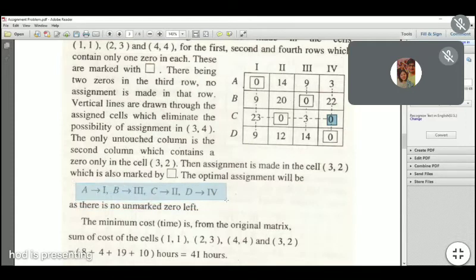Job A is assigned to machine 1, job B is assigned to machine 3, job C is assigned to machine 2, job D is assigned to machine 4.